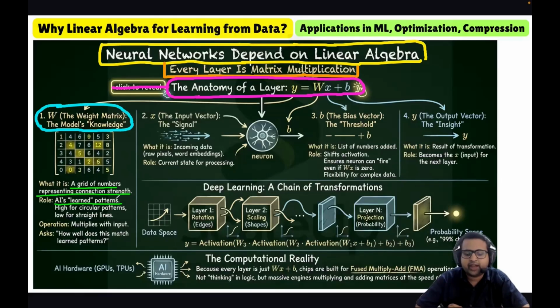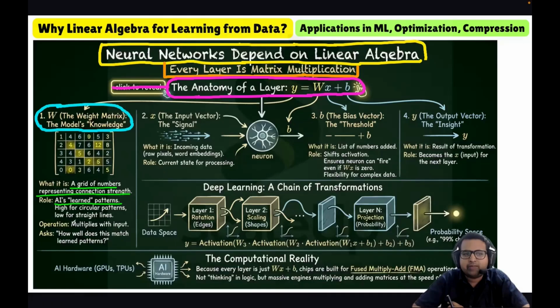If the AI is trying to recognize a circle, the numbers in W will be high for circular patterns and low for straight lines. So the numbers in this weight matrix represent a pattern which the AI is trying to learn.